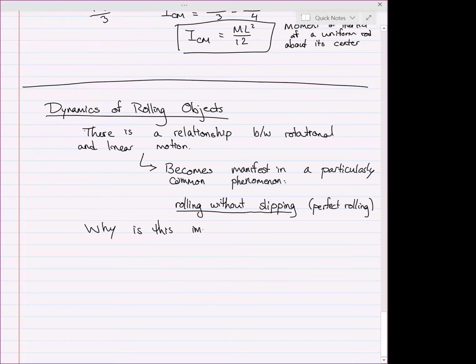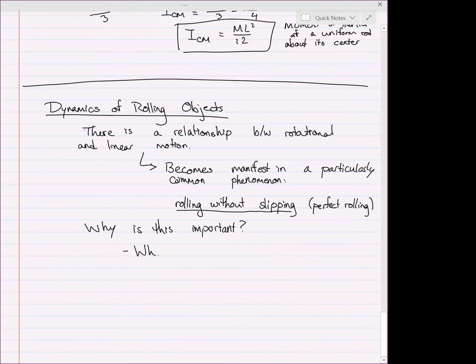Well, it turns out this is one of those few times in an intro physics class where a lot of the assumptions that we've made are just correct rather than approximately correct. So when two surfaces slip, think of a block sliding along the ground, the change in thermal energy of the system is not equal to 0.